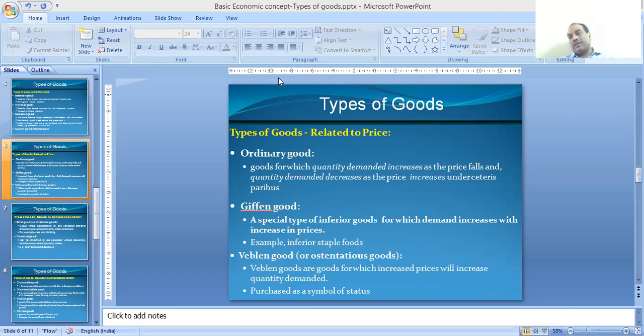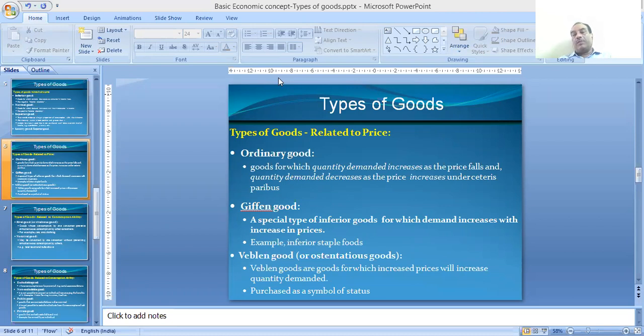Poverty is one of the reasons. Sometimes speculation, a war-like situation, or a natural calamity forces consumers to buy the given goods, which are of inferior quality, even if the price rises.